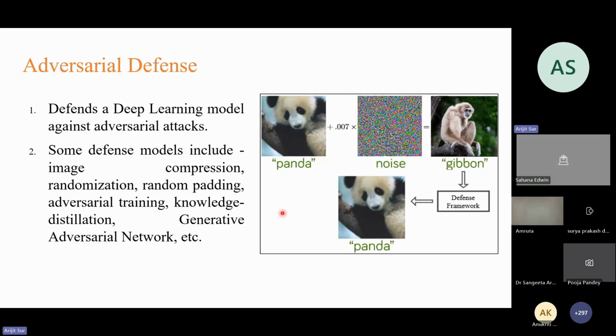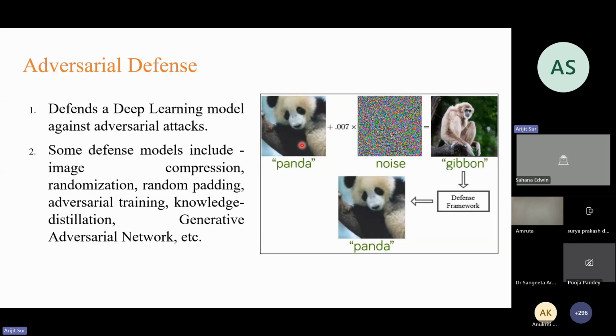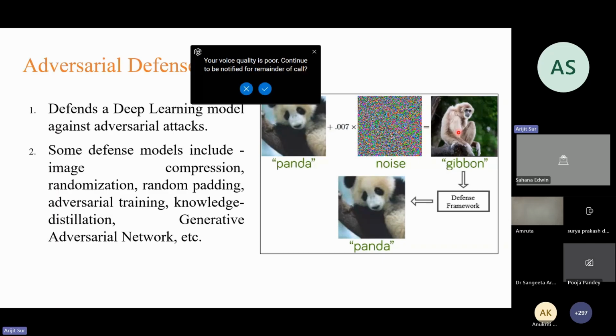Okay. Now, as we understand, if we add noise, that panda image is recognized as a different image. But it is possible that some defense mechanism can be imposed, so that the given image is again fed to the same classifier, through what you can call a denoiser.